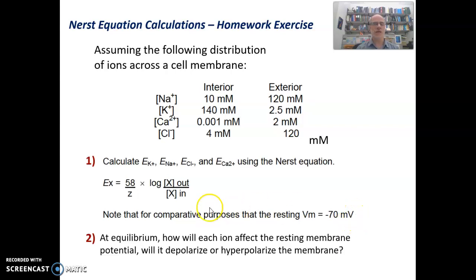Once you've calculated the equilibrium potential for those 4 ions, I want you to answer the following question. At equilibrium, how will each one of those ions affect the resting membrane potential? Will each one of these ions depolarize or hyperpolarize the membrane?